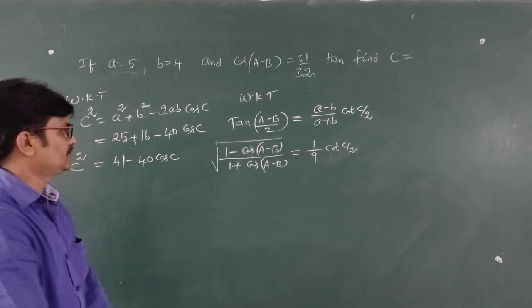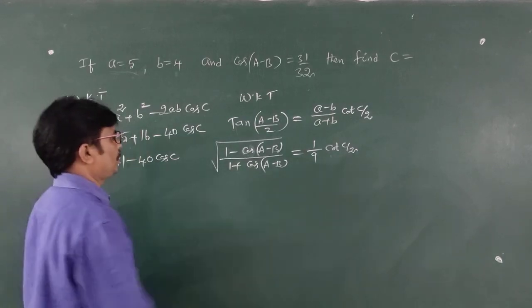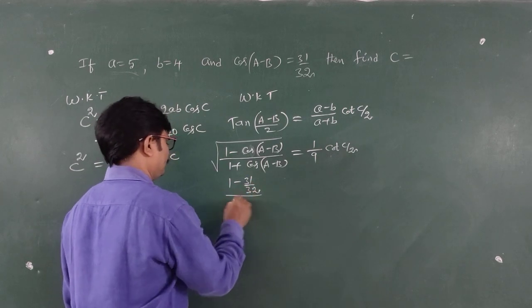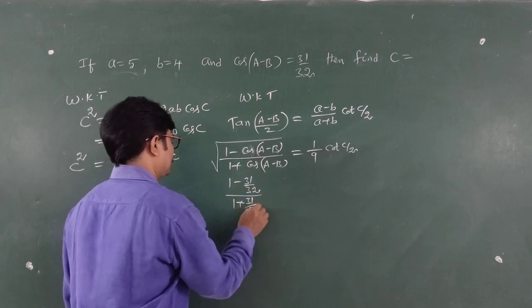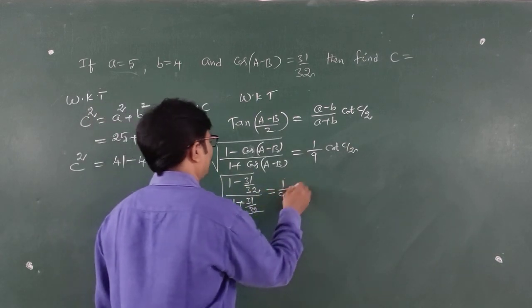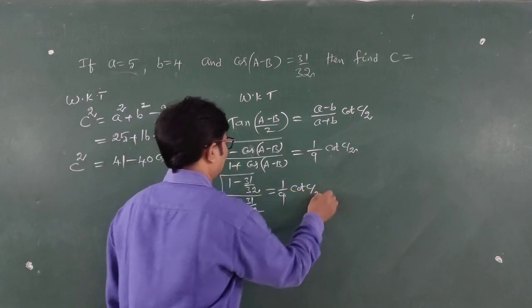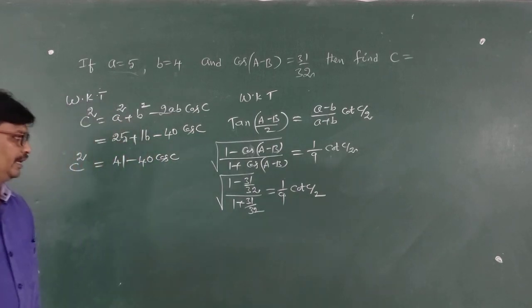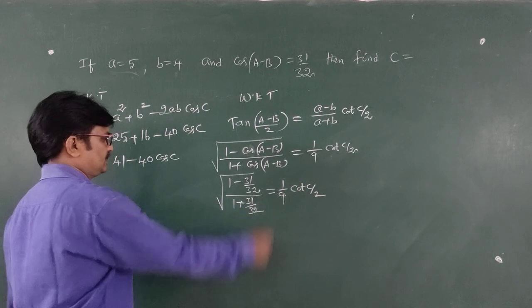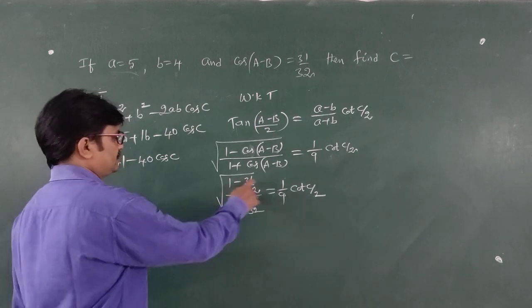So dear students, how to write this: 1 minus 31 by 32 over 1 plus 31 by 32 equals 1 by 9 cot of C/2. Dear students, this is 32 minus 31 is 1, this is 63, root 1 is 1.